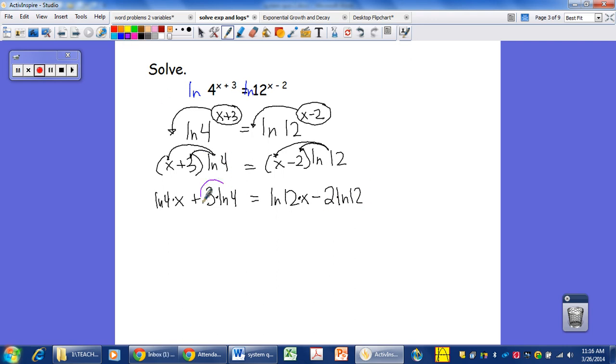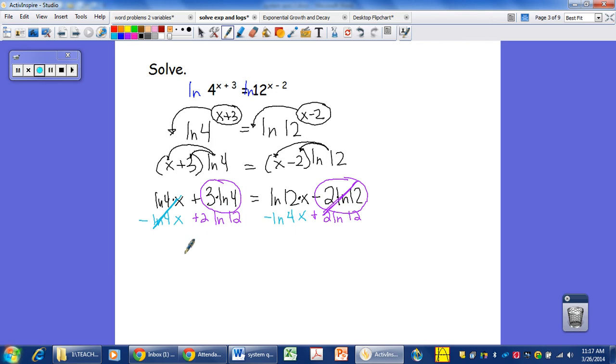This is a nice decimal number. This is a nice decimal number. So I can add numbers together. We're solving this for x, so we're going to get our numbers on the same side. Okay, and that gets rid of this one over there. Likewise, I'm going to do a similar thing with this one. I'm going to subtract the natural log of 4 times x from both sides, which gets rid of it there.